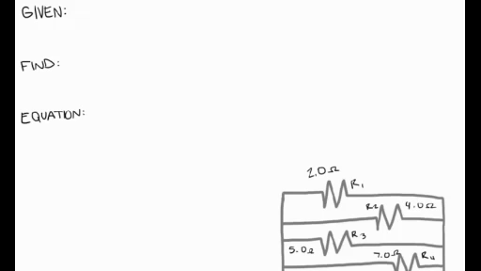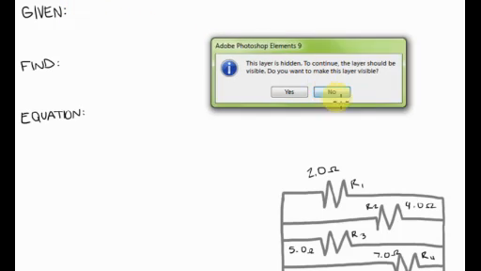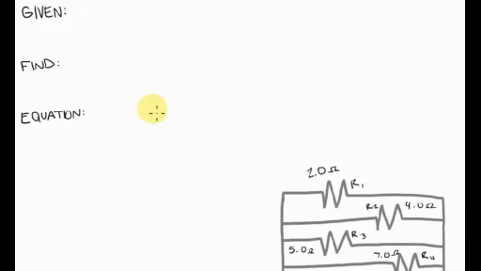To set up this question, we first always do the give and find. It's very helpful. Okay, so we have delta V equal to 9 volts. That's our battery. R1, our first resistor, is equal to 2 ohms.